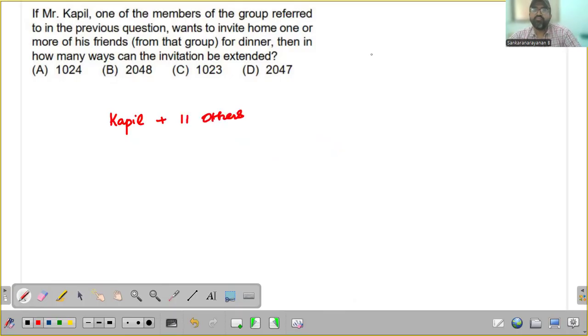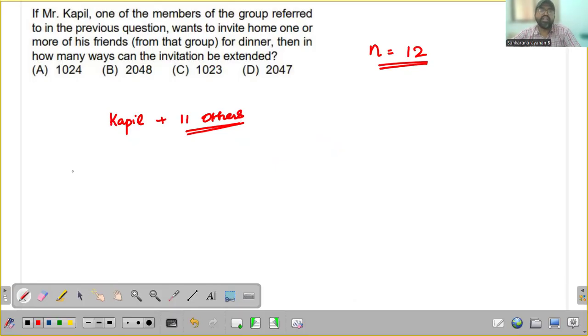Because the total number of people we have identified is 12. So Kapil and his 11 friends. Altogether, Kapil needs to handle 11 friends. Got it?